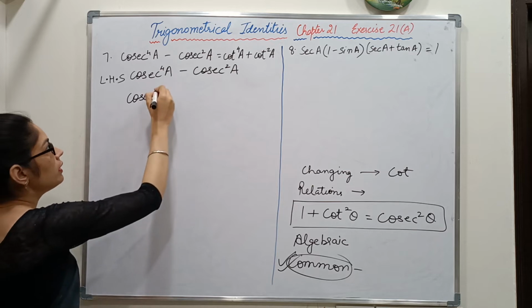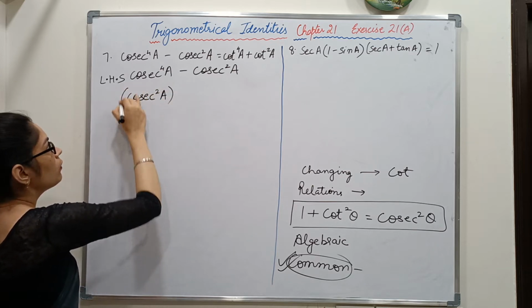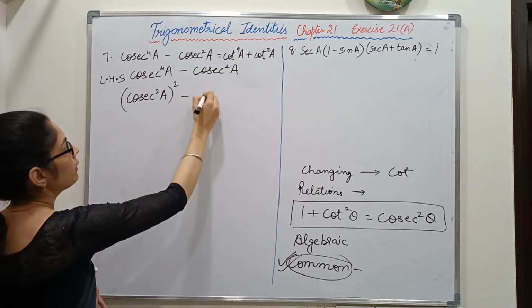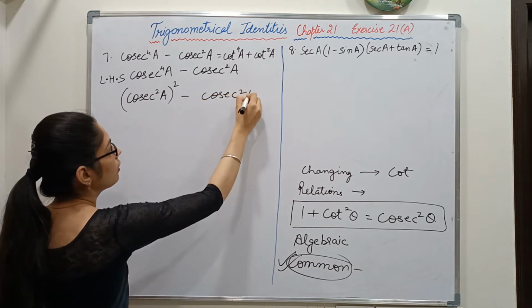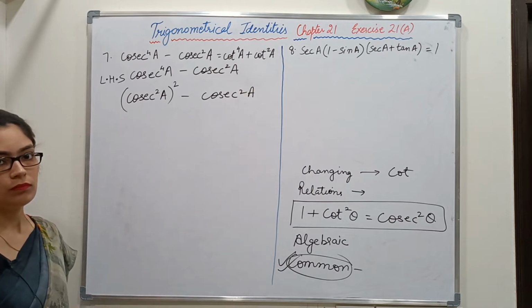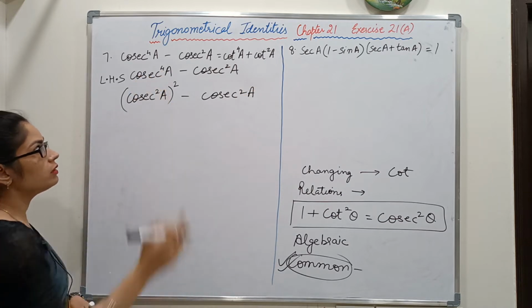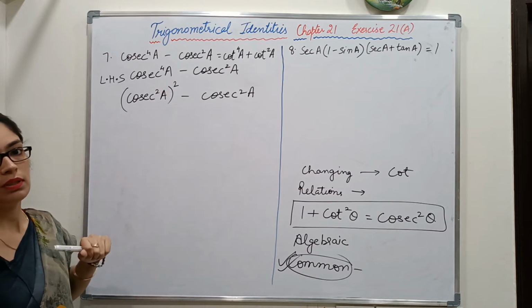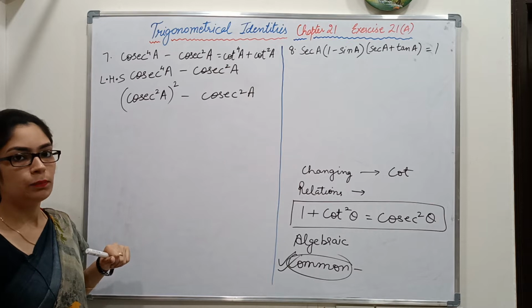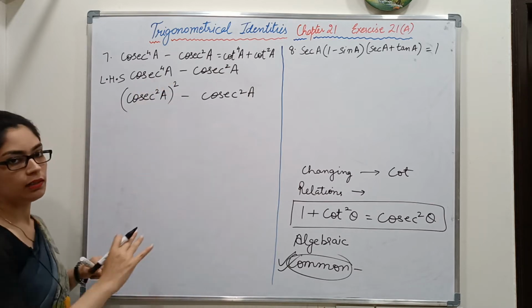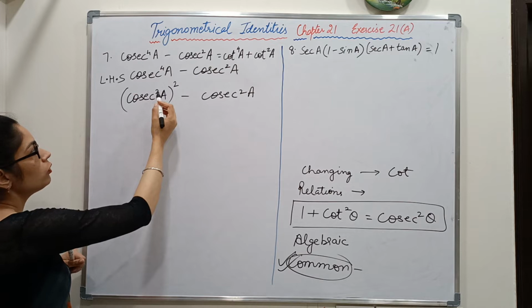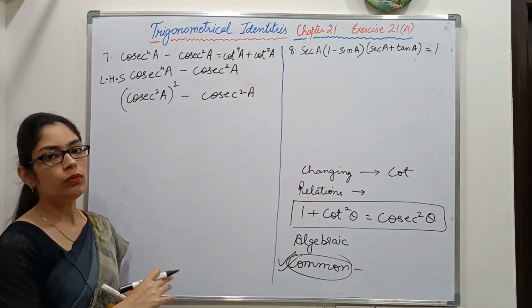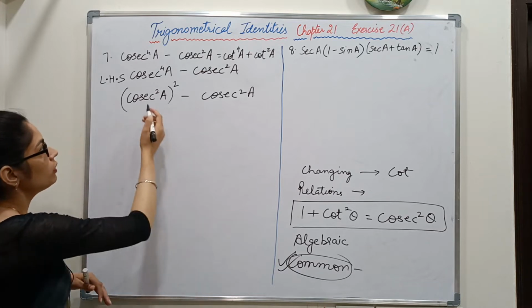This is actually cosecant square A to the power 2, whole square, minus cosecant square A. So this 4 we have just written as 2 into 2, because in exponents you have already learned that powers get multiplied in this form. So 2 into 2 is 4.